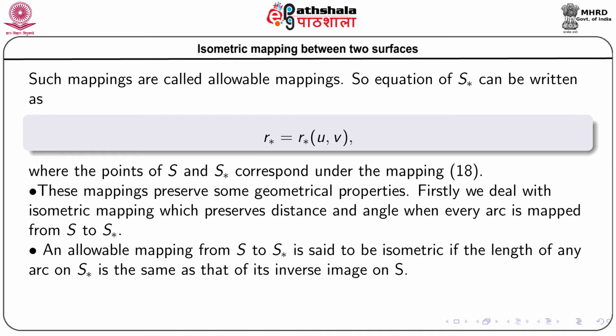So, we can define in this way: an allowable mapping from S to S star is said to be isometric if the length of any arc on S star is the same as that of its inverse image on S. This inverse image is established by the Jacobian not vanishing.